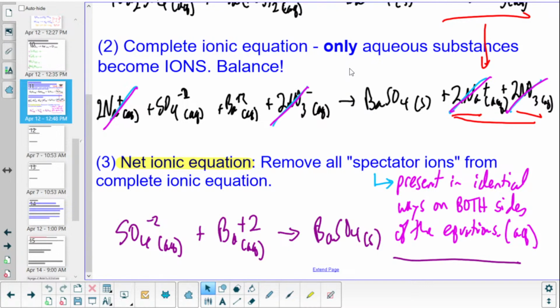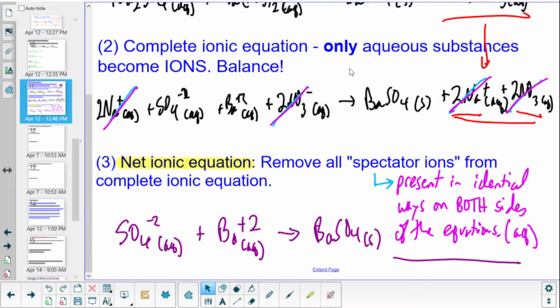If you think you forgot the complete, call me over. What do you mean no charges? They're separated. Do they have charges? The only reason these don't have charges is because positive and negative cancel, so the whole thing is zero.